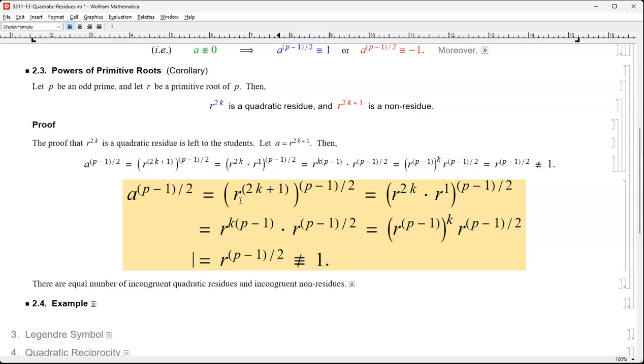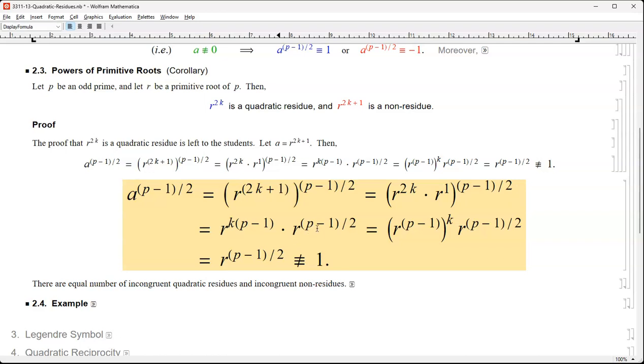And then we can decompose r to the 2k plus 1 power into r to the 2k power times r to the 1 power. And then we distribute the powers. It's an exponent rule: if you have the same power and two different bases, the powers are distributed over. So r to the k(p minus 1) power, because the 2 in 2k and this 2 in the denominator cancel each other out.